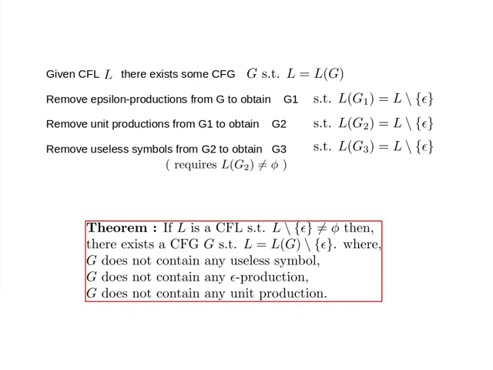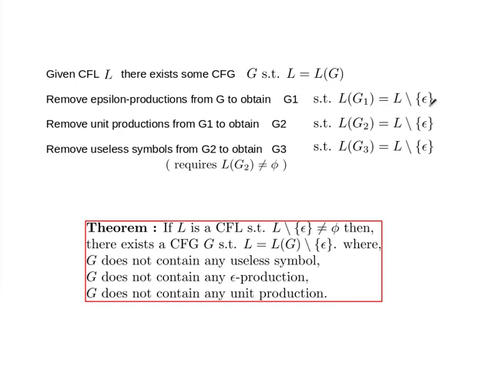So the language remains the same, you get an equivalent machine. So here again you are starting with some CFL because it is accepted by some G, and successively you are removing something from this G which is not wanted, and then you get an equivalent grammar, not exactly equivalent.